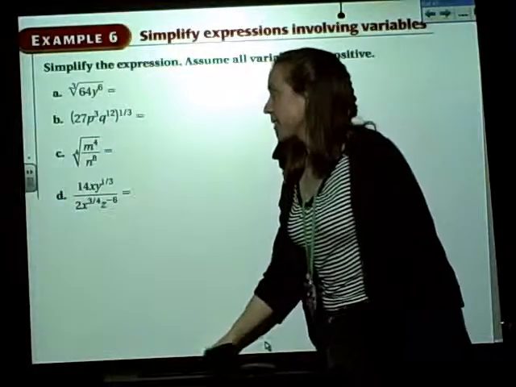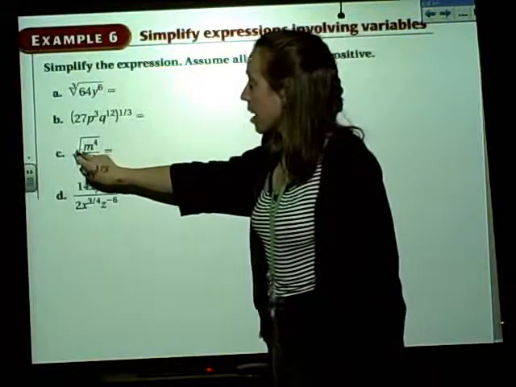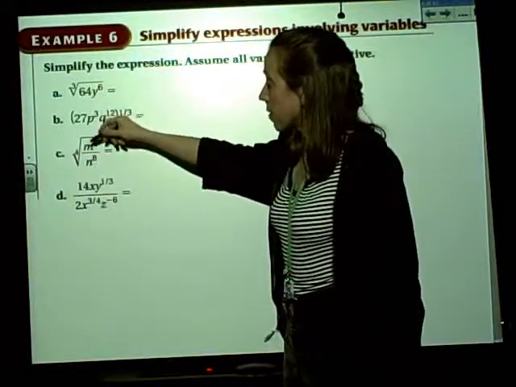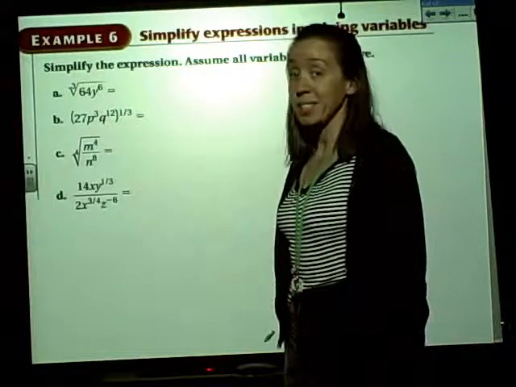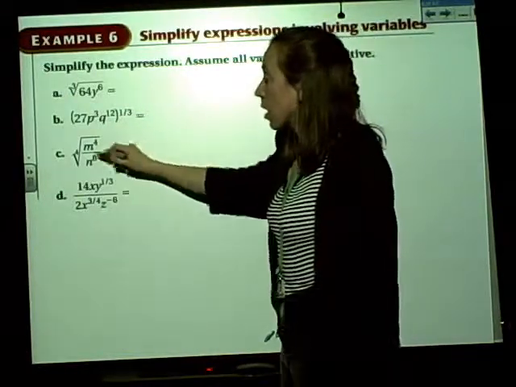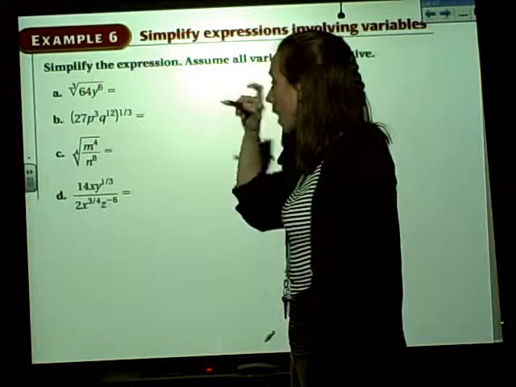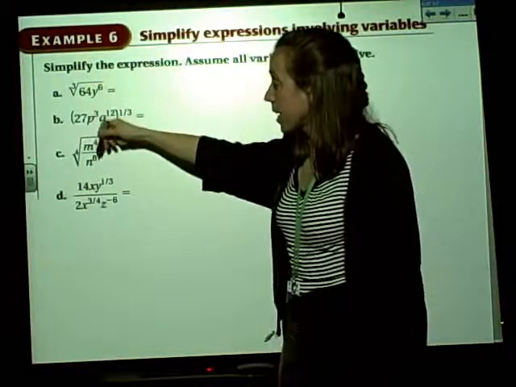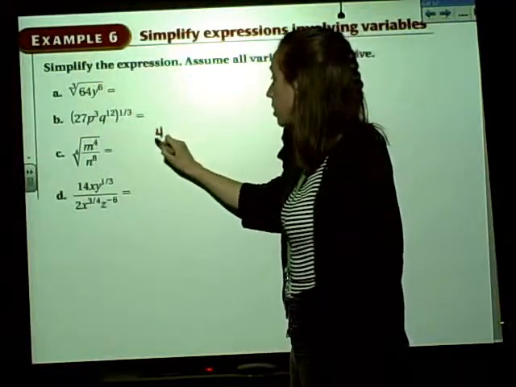Alright, now let's look at C. For C, we have the 4th root of m to the 4th divided by n to the 8th. We can't simplify in there, so we're going to do our quotient rule where we take the 4th root at the top divided by the bottom.